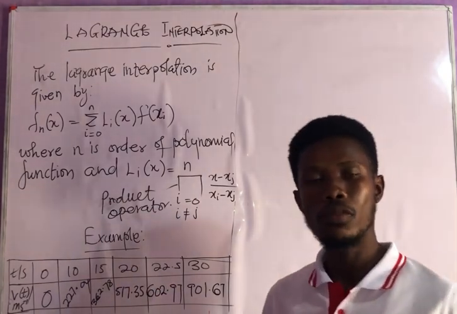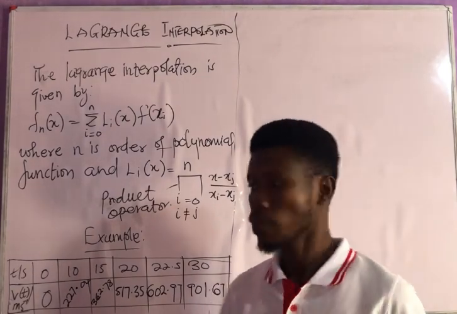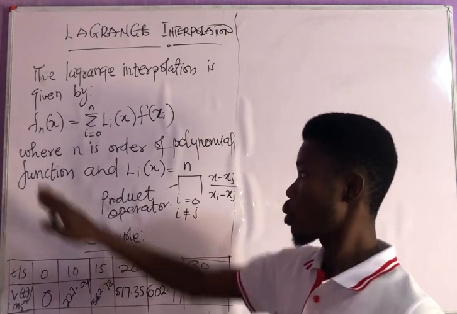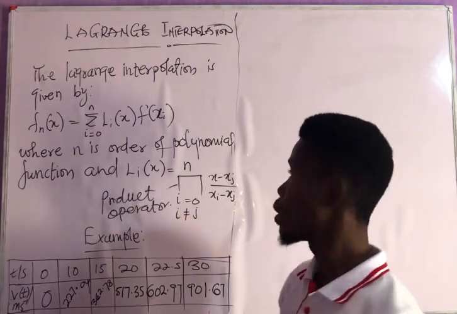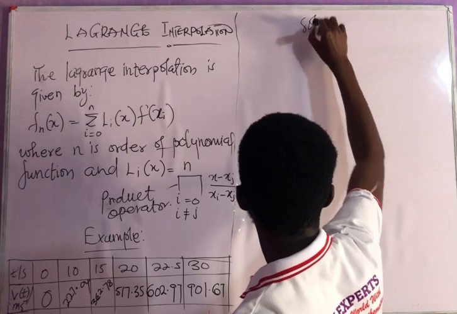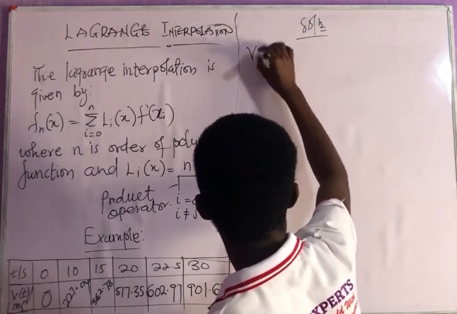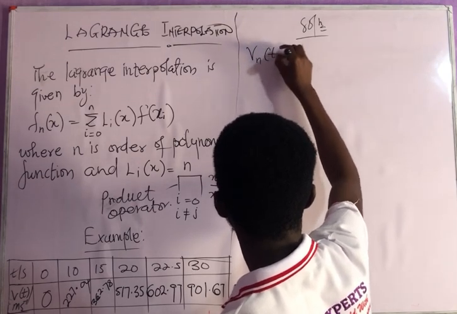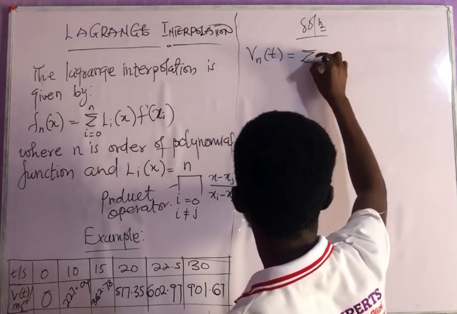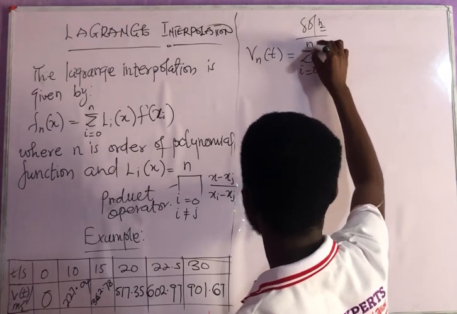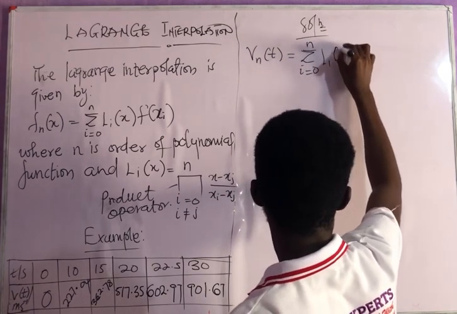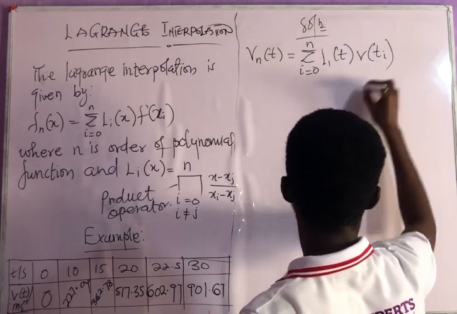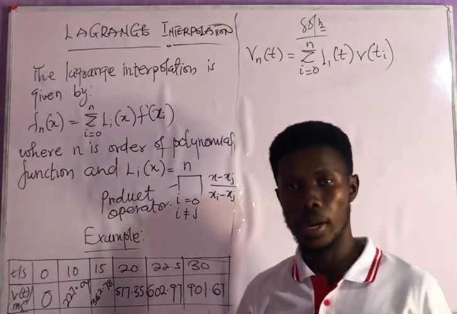So if you are talking about velocity, then you are no more going to use this n, this f, but we are using V. So our formula now becomes Vn of t equals the summation, i starting from 0 to n, of Li of t, V of ti. This is what we have now, okay?